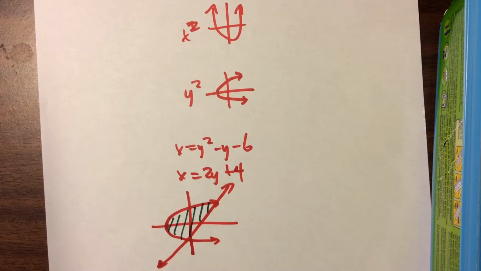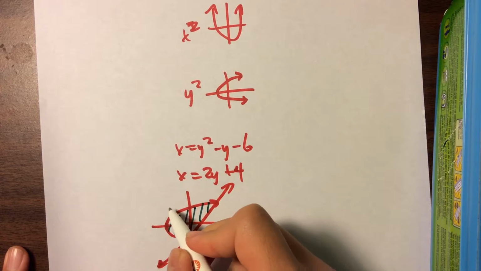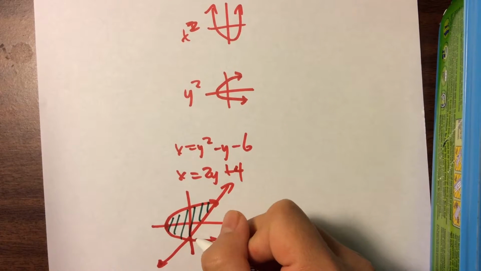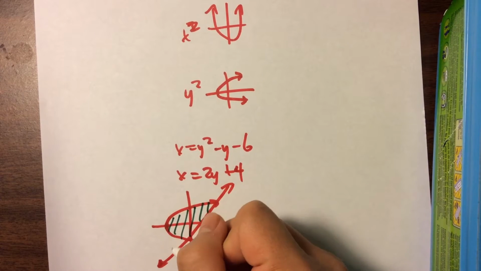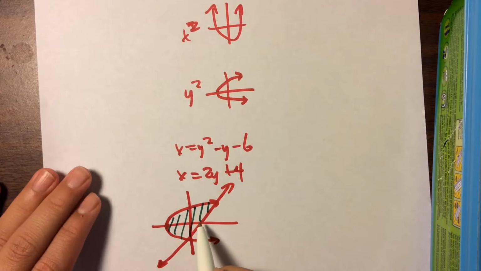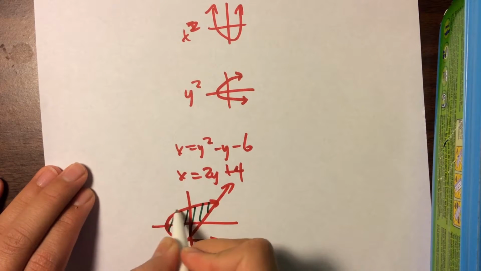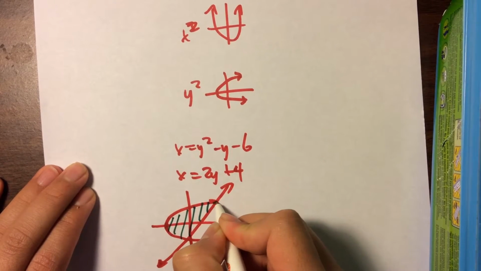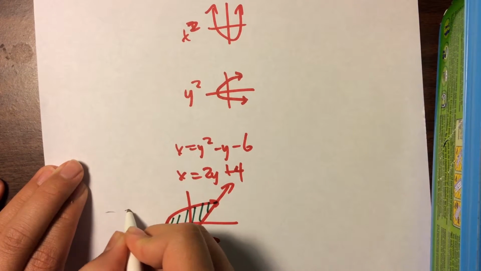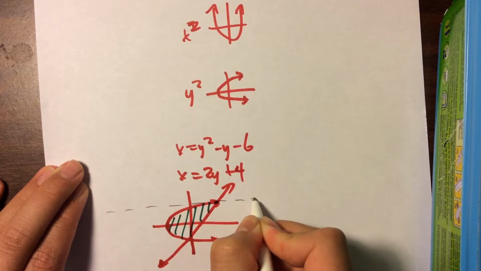So remember how when we were solving for x, we would find the intervals and then do the higher one minus the lower one? Well, that wouldn't work here, because then we would get this area, and it wouldn't be good. So what we would have to do is find it horizontally. So if we find the interval here, instead of going down on the x-axis, we do it with the y-axis, like this.